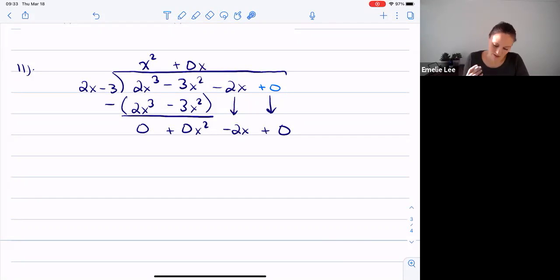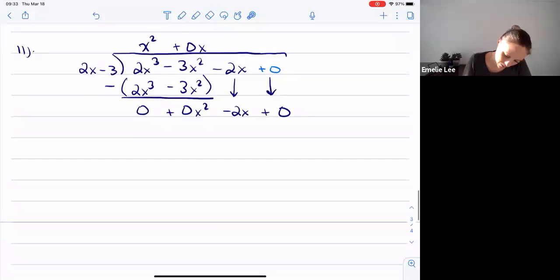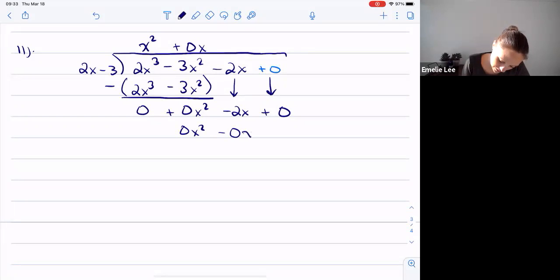Cool. 0x times 2x, well, that's 0x squared if we're pretending. 0x times minus 3 is 0x.